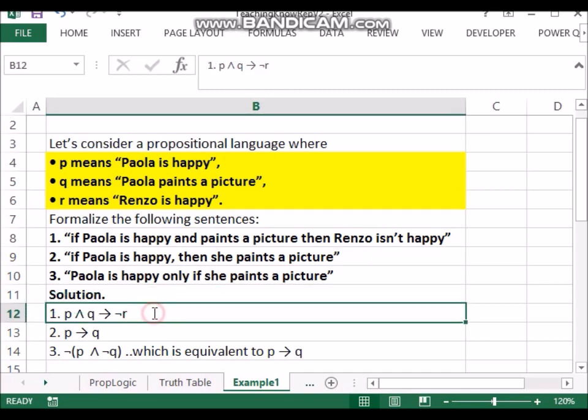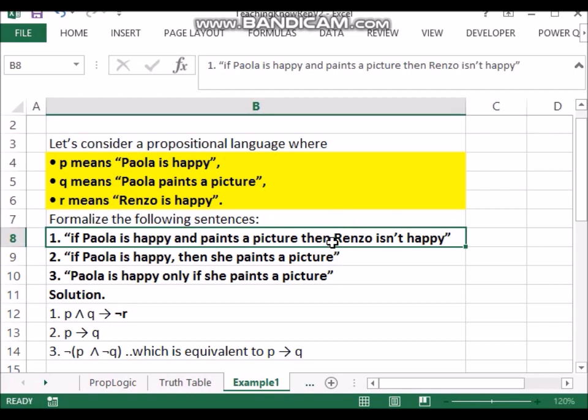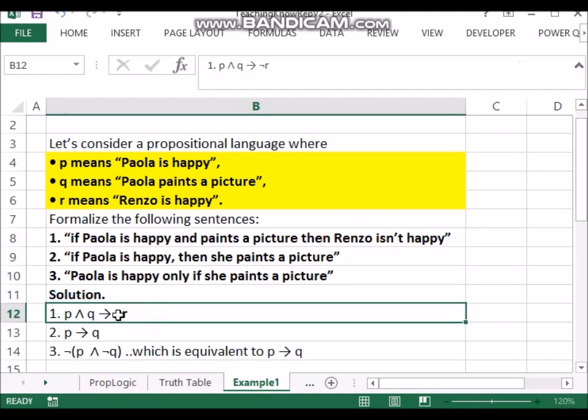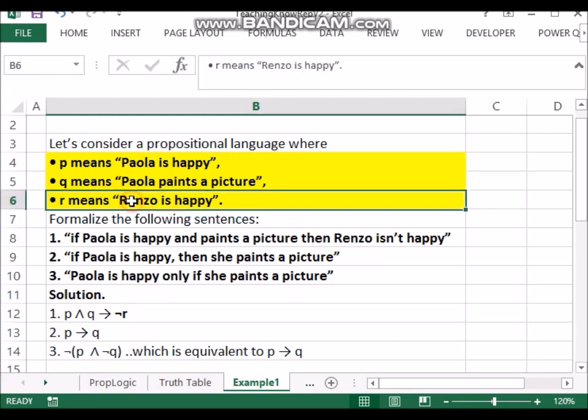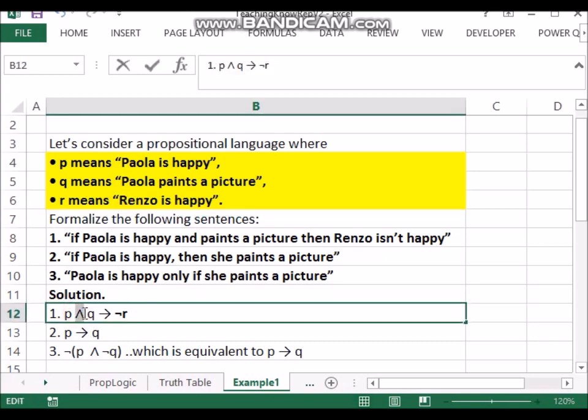It's very simple in terms of this logic. We put a not symbol in front of it, as can be seen here. By putting a not symbol in front of R, we have basically made it Renzo isn't happy. Now what does this symbol here mean? This symbol means and.